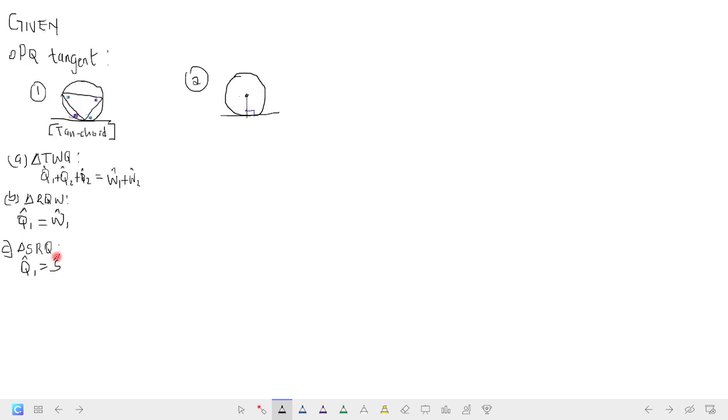In SRQ I can see that Q1 is equal to S. Now from just this information, do you see that we can see that W1 is the same as S? Because if Q1 is W1 and Q1 is also S, it means W1 is S. I'm just showing you how you can find the angles that you're going to need here.